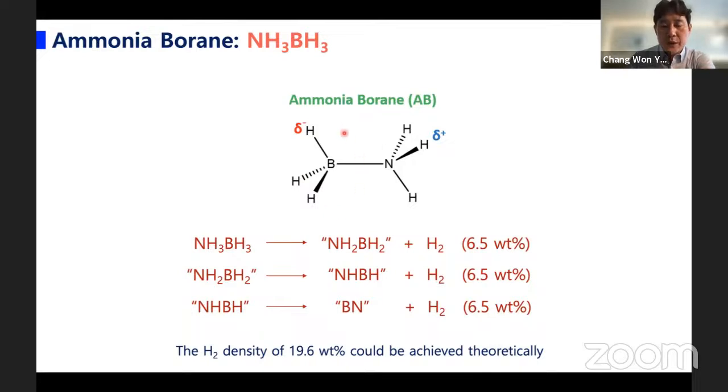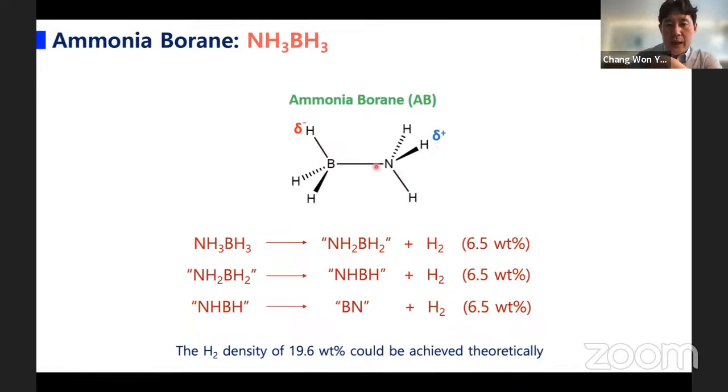So one of the interesting characteristics of ammonia borane is that this H is hydridic, partially negatively charged, and this H connected to the nitrogen atom is protonic, which means it's partially positively charged.